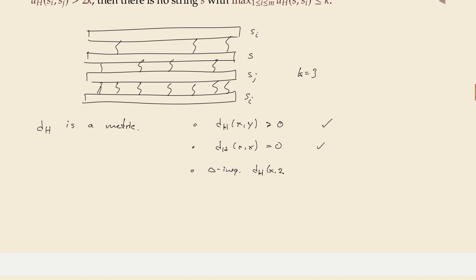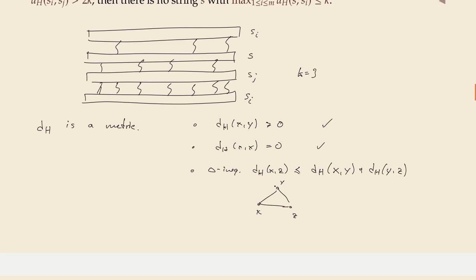So the distance between 2 points in our set must always be upper bounded by going via a triangle. So if you're more graphically inclined, this is in Euclidean distance, this means the distance between these two is at most the sum of the distances if you go on a detour via y.